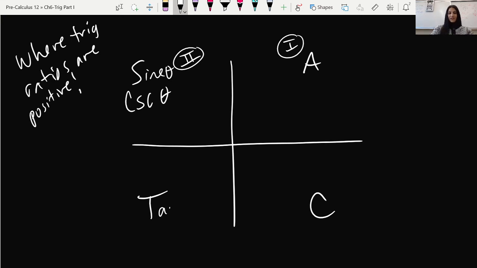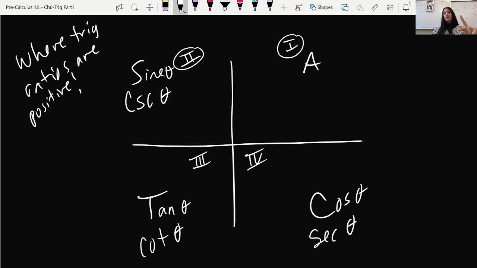And here, if it's tan theta in quadrant 3, then it's also cotan theta. So it's actually both of these. And in quadrant 4 here, if it's cosine theta, then it's also secant theta, because those are the two that go together. If you think about what we're doing to come up with them, this makes sense.